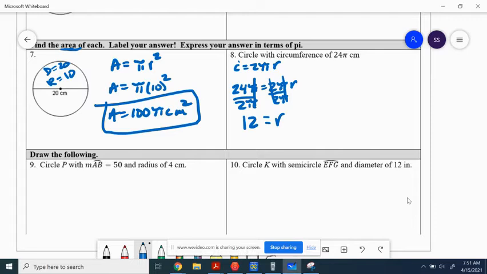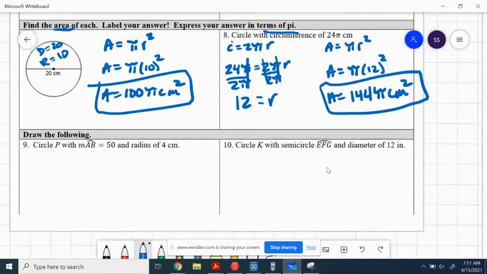So there's your radius, and now you need to put that back into the area formula, pi times radius squared, and you're good to go. So area is equal to pi times 12 squared. 12 squared is 12 times 12, which is 144. So your answer, because we're leaving this in terms of pi, is just going to be 144 pi centimeters squared.